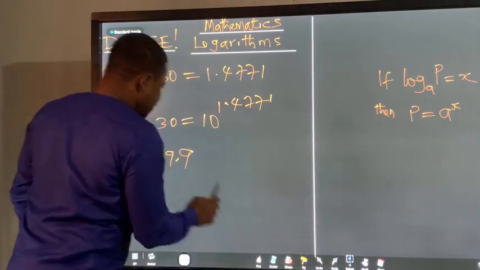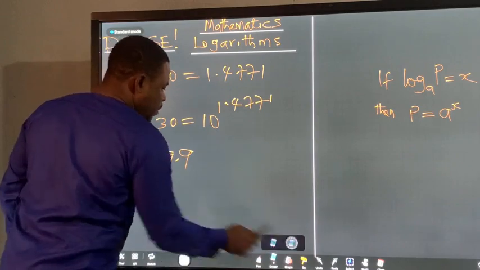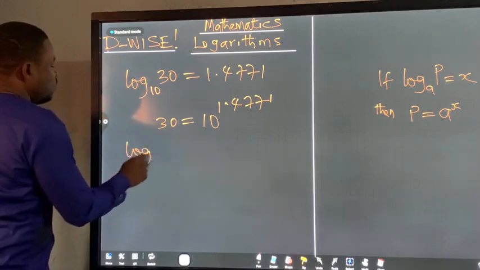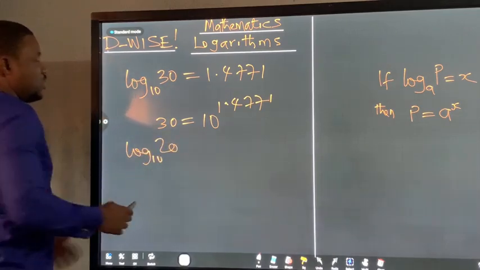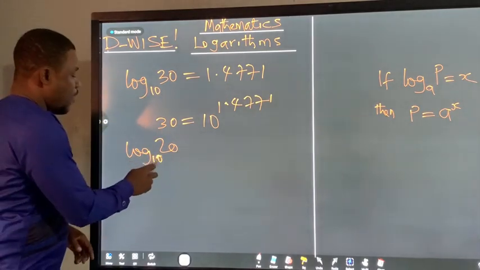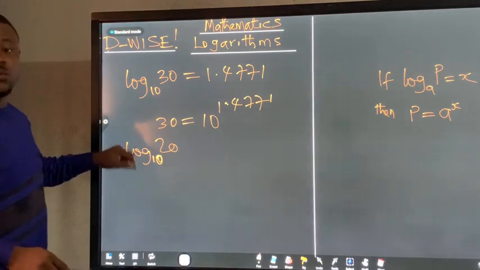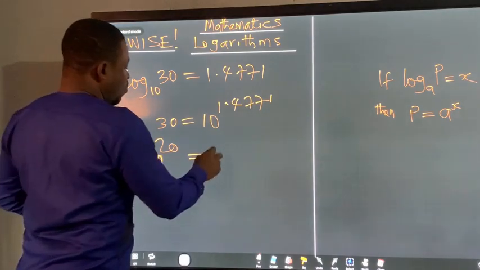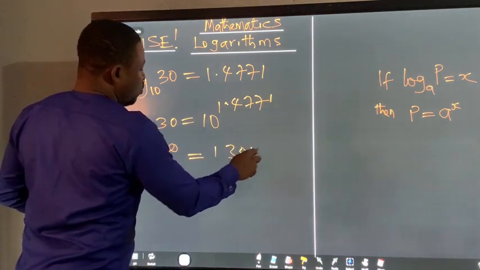If I have log 20 to base 10, this you can see in the log table. And even your calculators are actually programmed to base 10 for logarithm. Log 20 is going to be 1.3010.